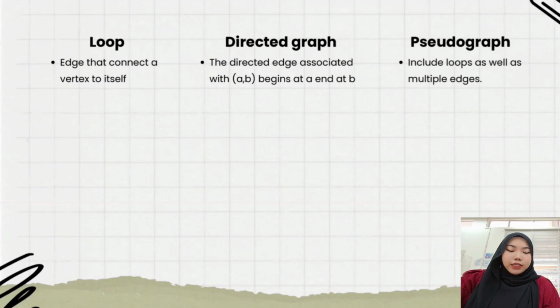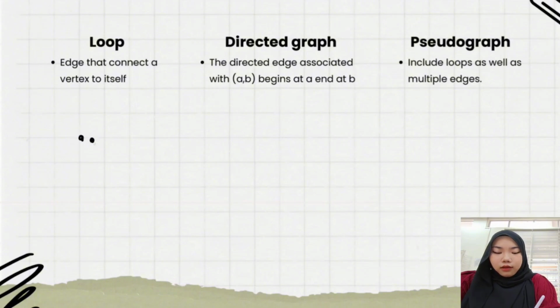The third one is loop, an edge that connects a vertex to itself. So it means like this A, and because it is a loop, it is like this.